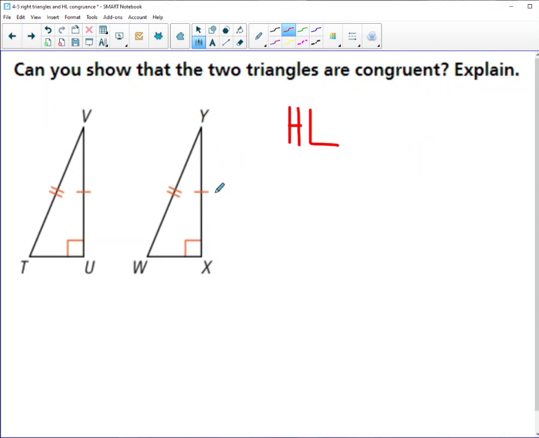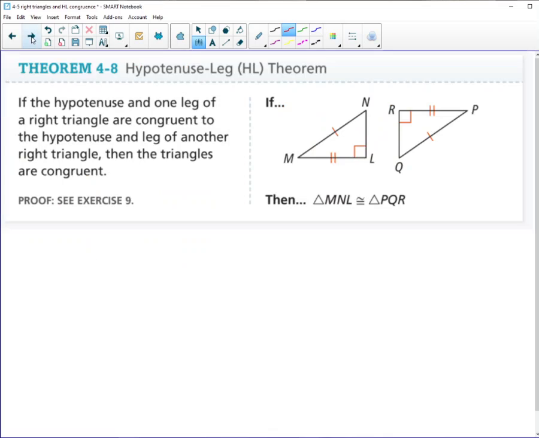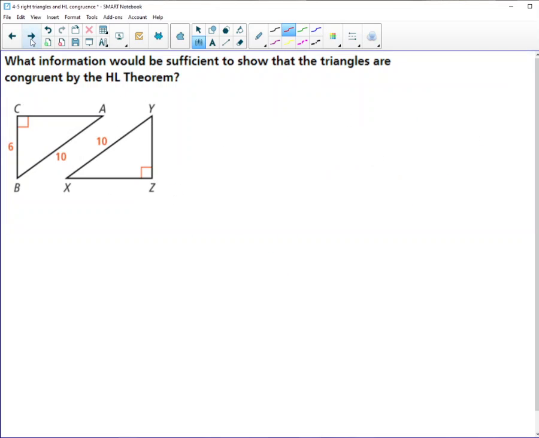If they have the hypotenuse and a leg, boom, we're good. So none of that SSA business. HL, that's what we use. This is the definition as the book gives us. You can read it in the PDF if you want the detailed wordy version, but that's the basics.